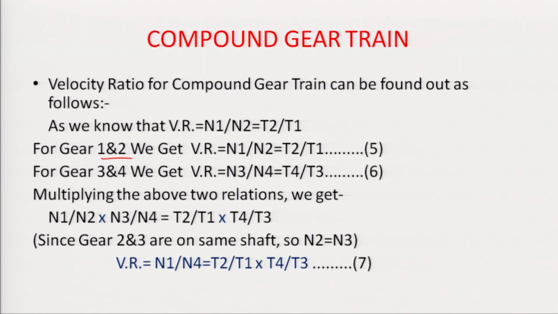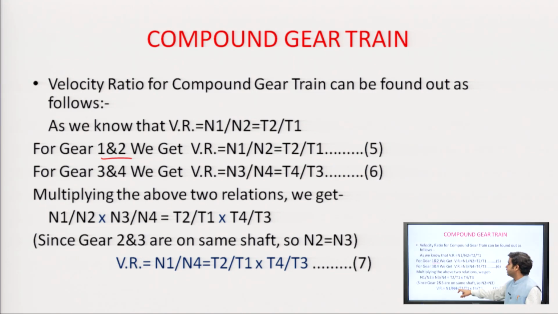So, these two terms will be cancelled out from the above relation, and finally, we will get the velocity ratio of compound gear train as equal to n1 by n4 equal to t2 by t1 into t4 by t3. This is the expression number 7.